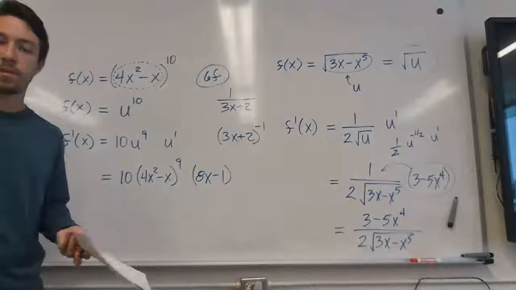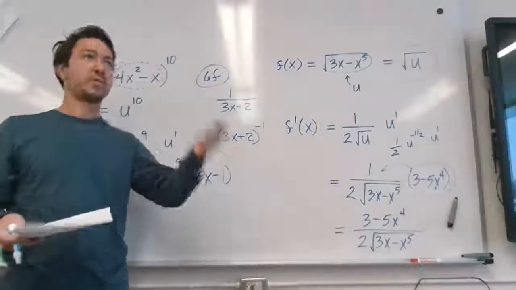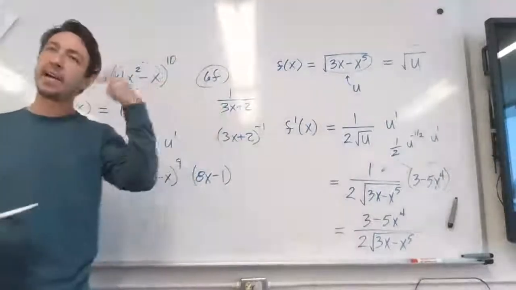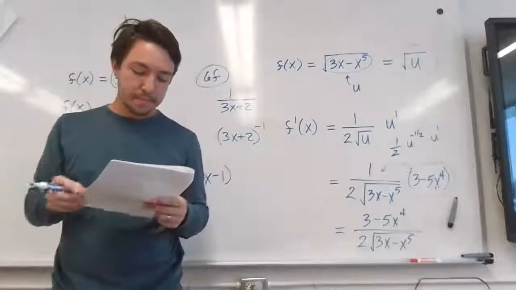See what I'm talking about? If you're really ambitious, you can prove the quotient rule using the chain rule if you want. Basically, it's writing one of the terms as a negative power and using the product rule. You don't have to do that.